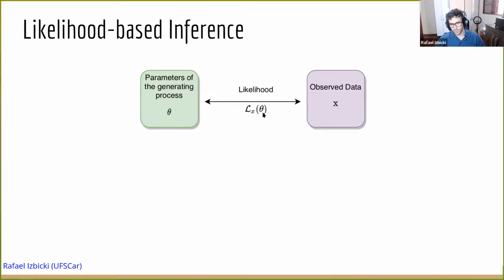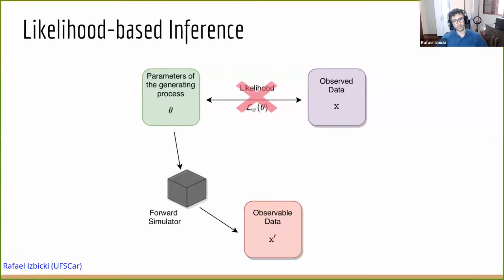That's the case for Bayesian methods, likelihood ratio tests, maximum likelihood estimation, and so on. But in practice, in many science applications, although you have a parametric model for your data, this model is very complicated because it's given by a forward simulator. So you don't have access to a tractable expression for the likelihood function.